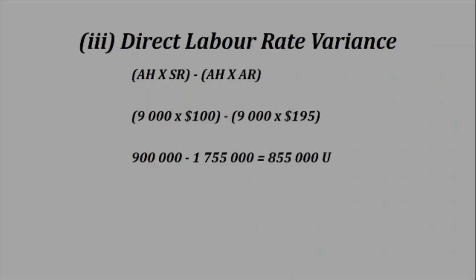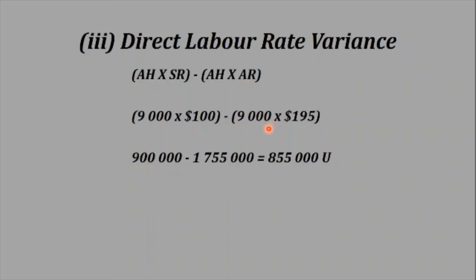3. The direct labor rate variance. The formula is actual hours multiplied standard rate minus actual hours multiplied by actual rate. And again, we can pick out the common ones, actual hours, and we can put it outside the bracket, and inside the bracket we'll have standard rate minus actual rate.